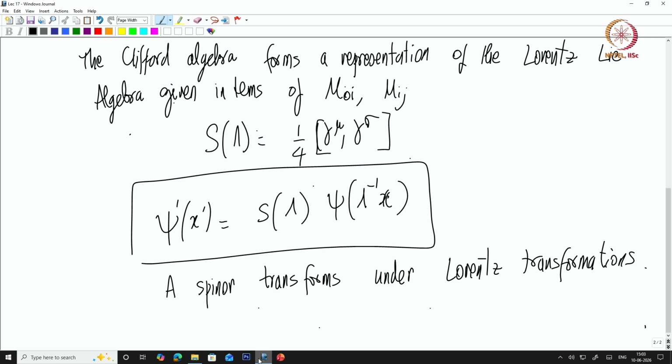Now we are doing the reverse way: we ask what is the equation of motion these spinors satisfy which is covariant under Lorentz transformations, and that is how we will retrieve the Dirac equation.